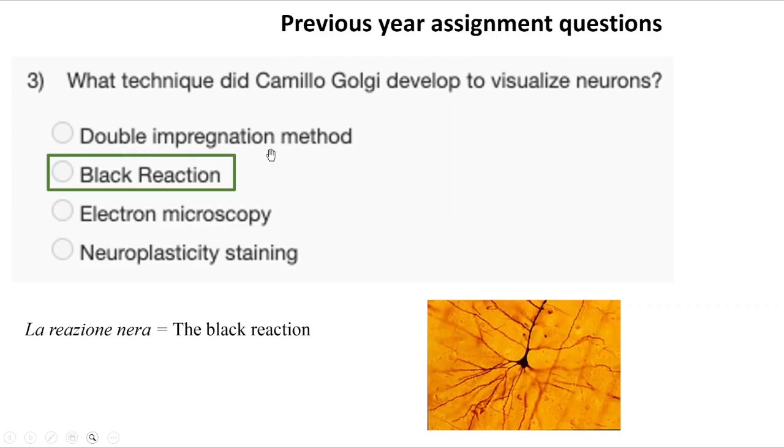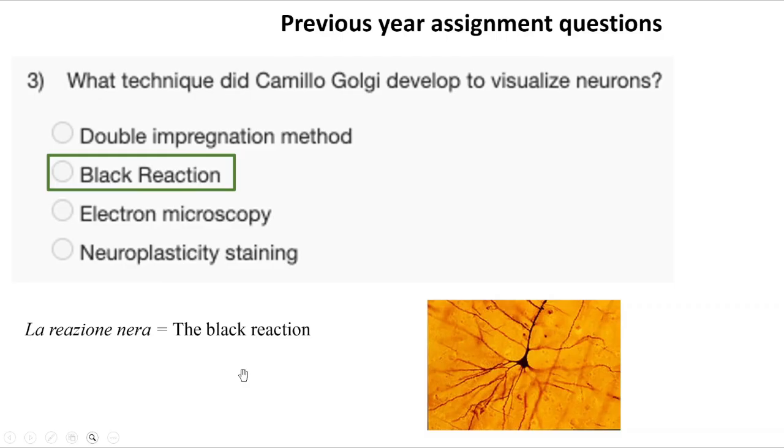Cajal's double impregnation method was probably around 1887. Black reaction, I'm not exactly sure about which year, but it was much older. I think it was probably in the 1850s or so, if I'm not wrong.